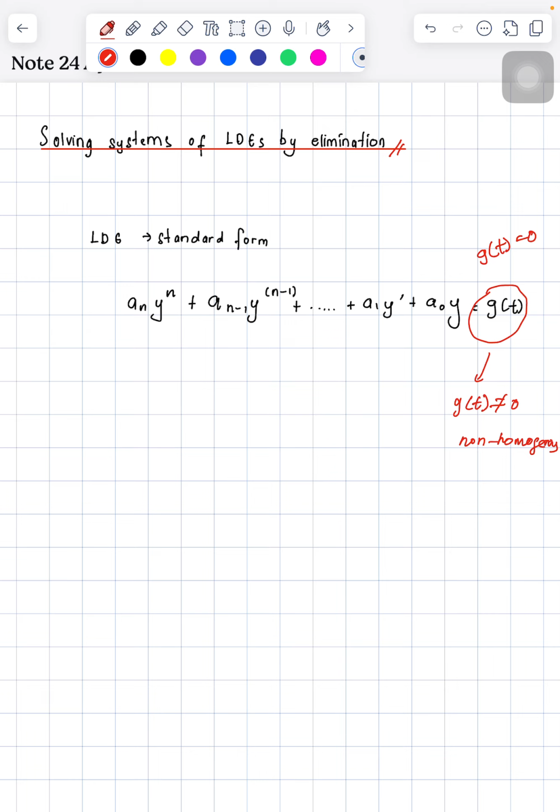To solve simultaneous linear differential equations by elimination, first we need to rewrite the equations in the system in differential operator notation.